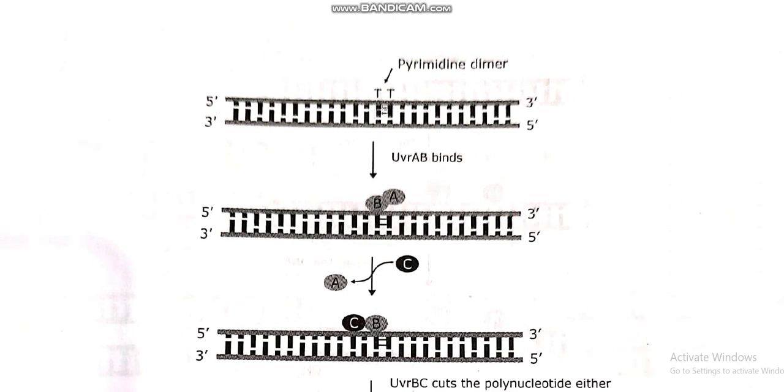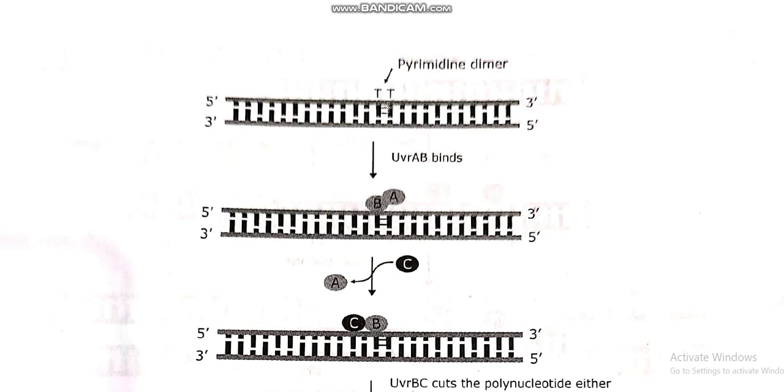By any means of DNA damage, if a TT dimer is formed, this TT dimer can be removed by the direct repair mechanism, for example, blue light in presence of photolyase. But there is another mechanism, nucleotide excision repair.